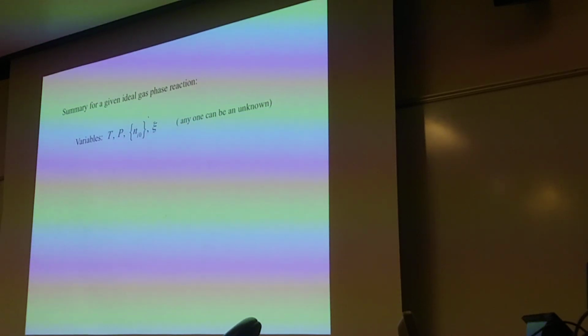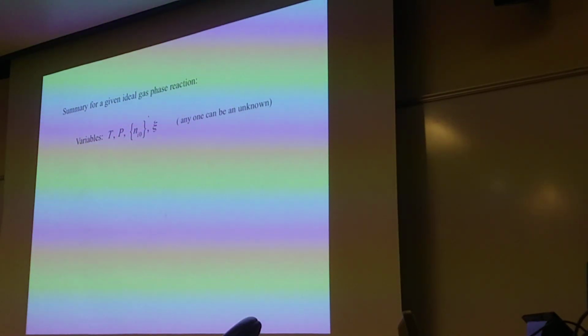And any one of these can be an unknown. What I've done is take the traditional approach of saying we're given the temperature, pressure, and initial composition, determine the equilibrium composition. But I could have been given, let's say, the pressure, the initial inventory, and a composition and asked what temperature is going to be required to get that composition. Or what pressure might be required when the others are specified.